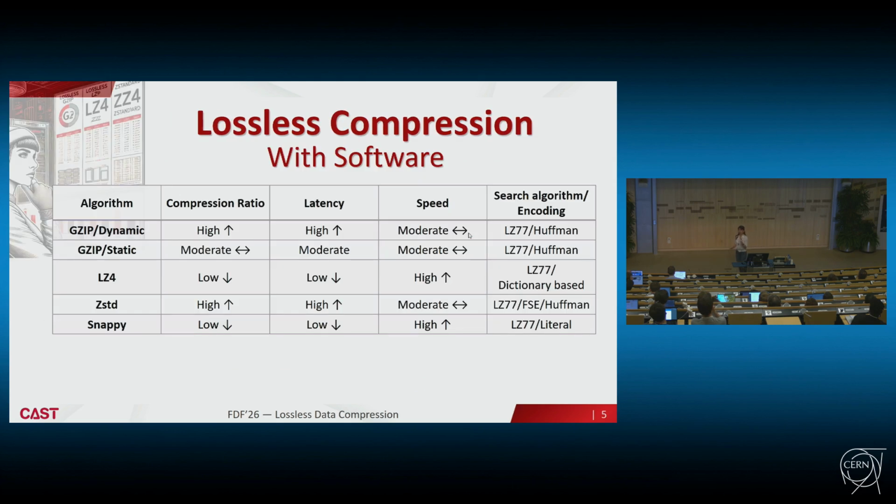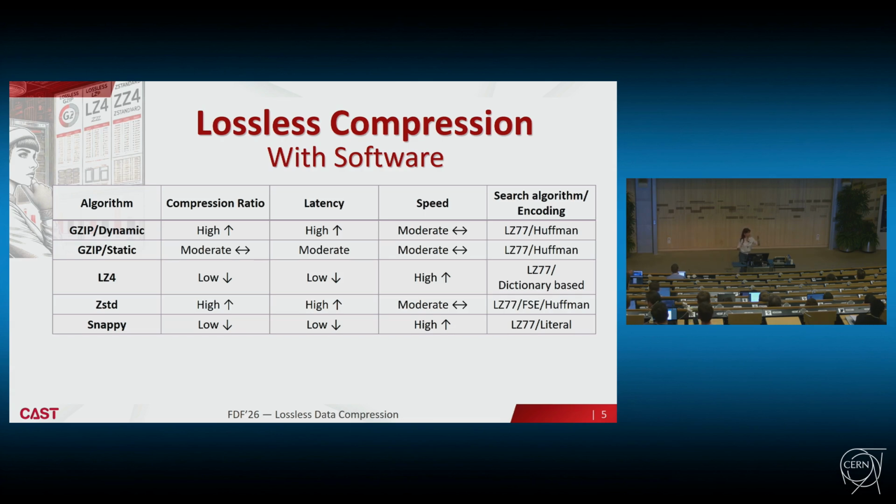Now we will focus on a group of lossless data compression algorithms that are based on a search algorithm called LZ77. Okay. This consists of GZIP, LZ4, Zstandard, and Snappy. I guess most of you have heard or have used something because they're all available on your Linux root. Okay? So when we use these algorithms on software, there are certain implications.